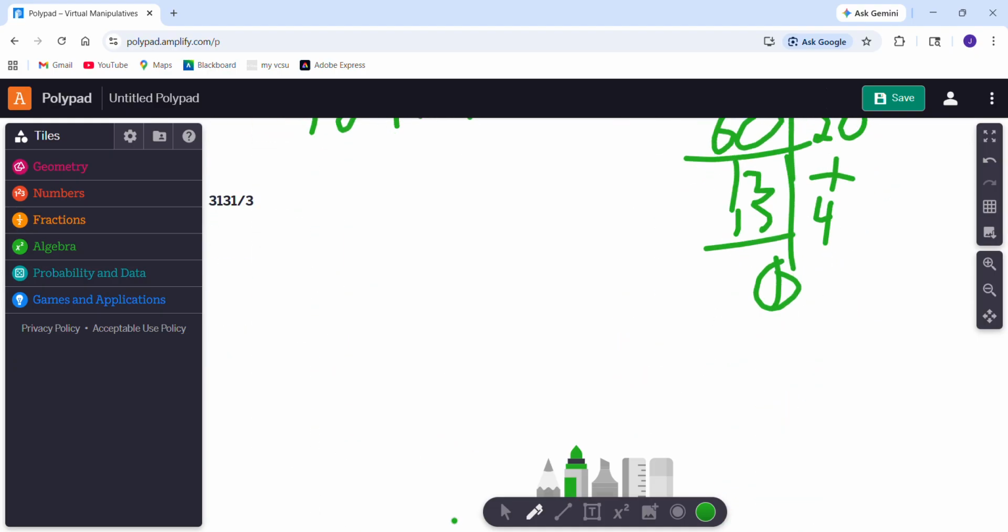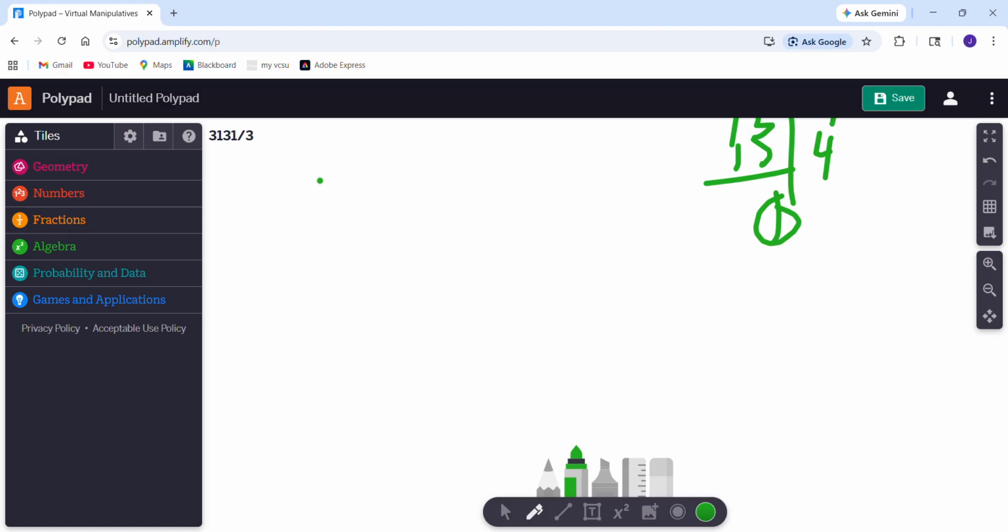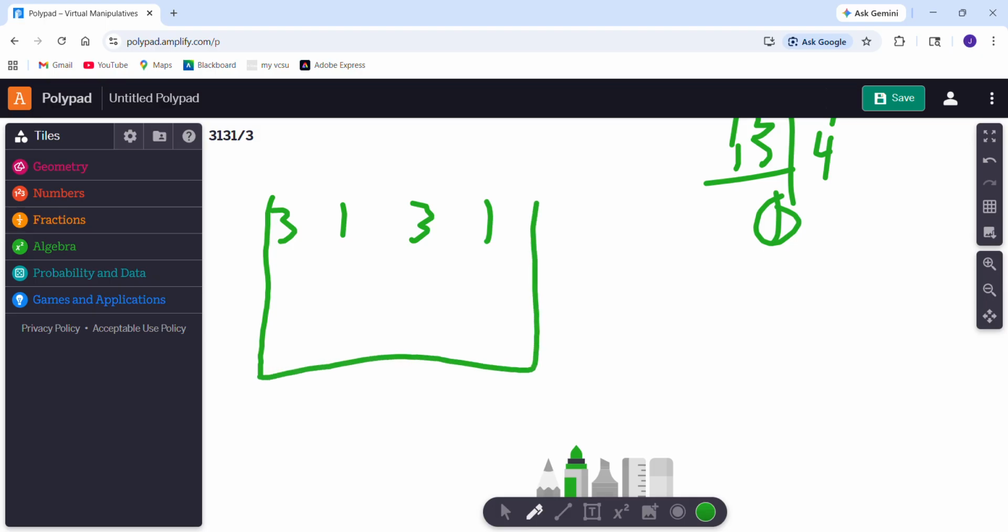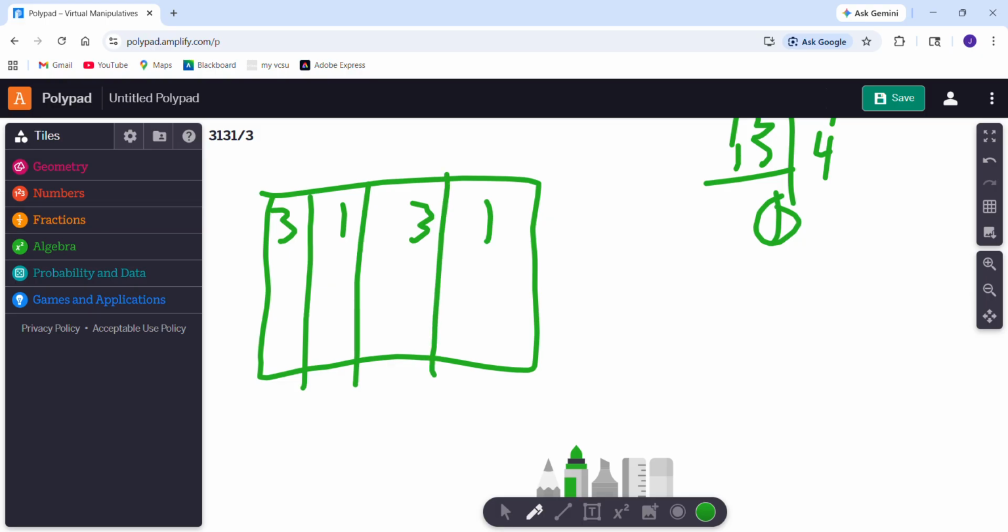Perfect. And then for that second problem, 3,131 divided by 3. Similar to how we did it before with the box model, you're going to go 3, 1, 3, 1. And then 3. 3 goes into 3 one time. 3 times 1 is 3. 3 minus 3 is 0.